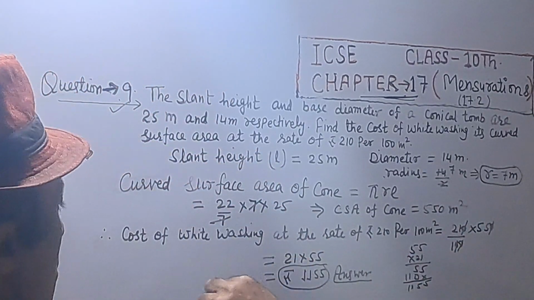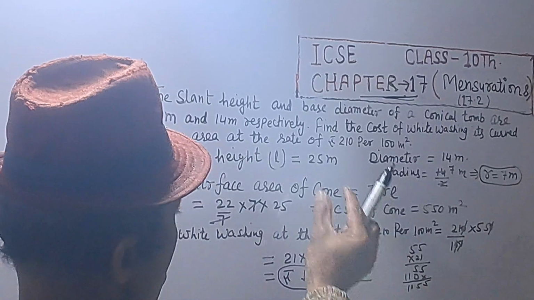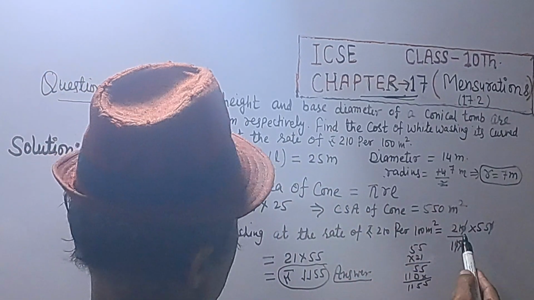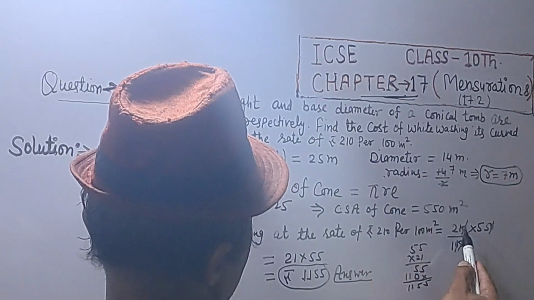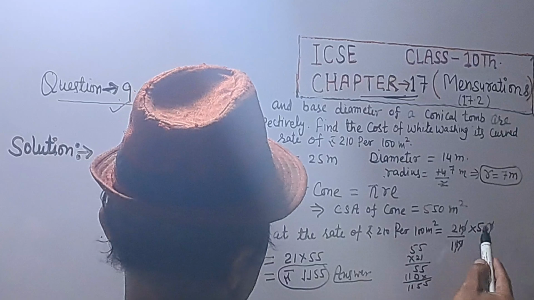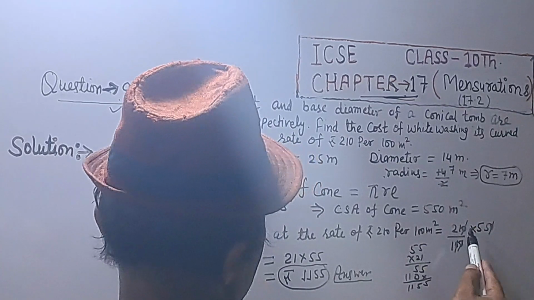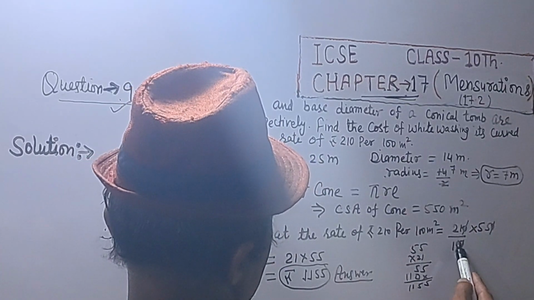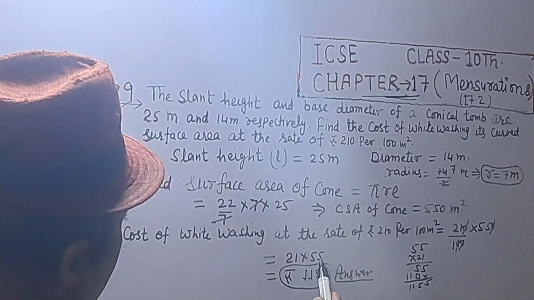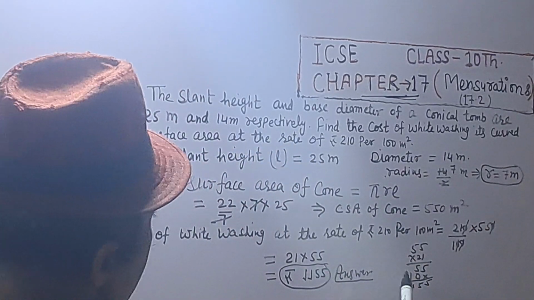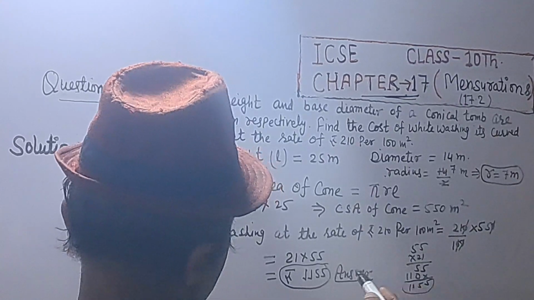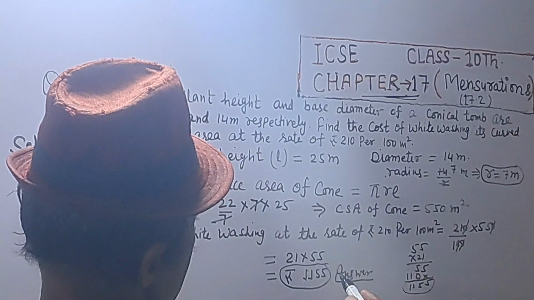The cost of whitewashing at the rate of 210 per 100 meter square is 210 upon 100 multiplied by 550. 0 is cancelled and 0 is also cancelled, so we get 21 multiplied by 55, that is equal to 1155 rupees. Answer.